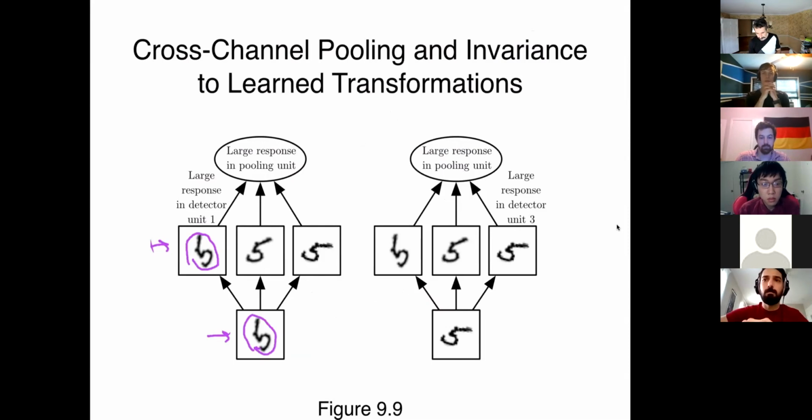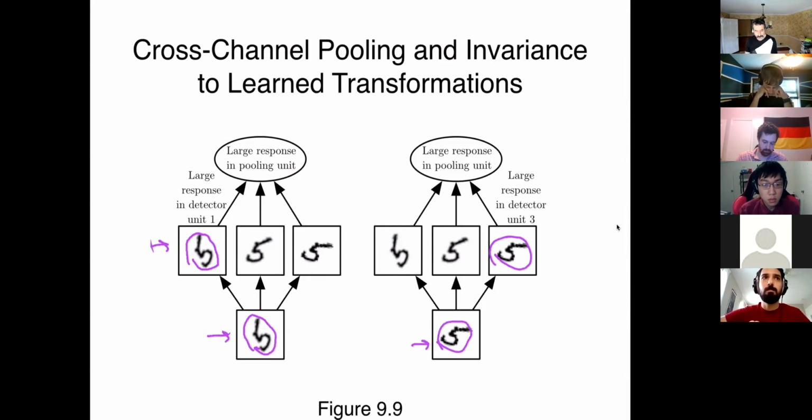In this case, it's more aligned to the right, so it activates another unit. So here you have 3 units, and each of them is associated with different features, and these get activated depending on what image you show.